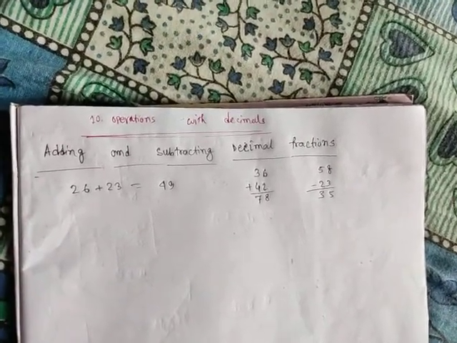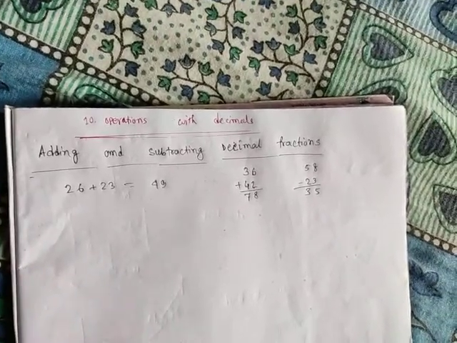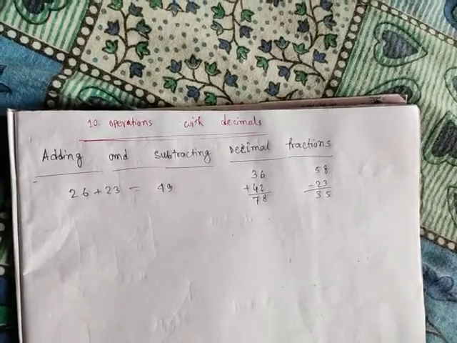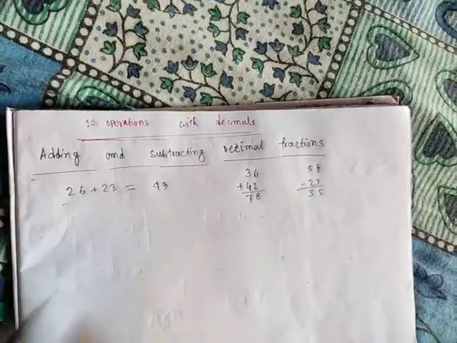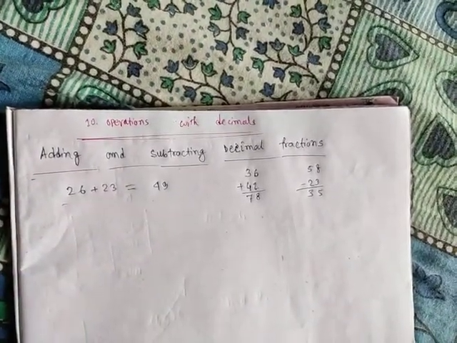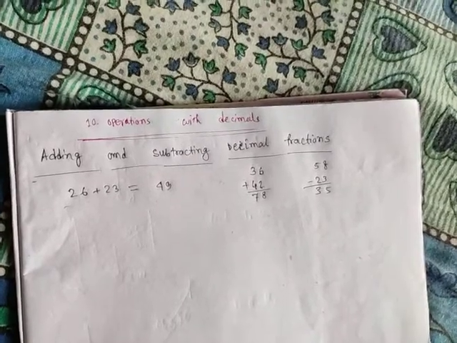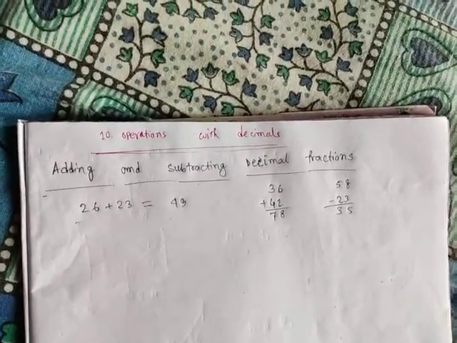But today I will discuss addition and subtraction of decimal fractions. It's very easy. The process is the same as the addition of integers. You have to remember just two points.